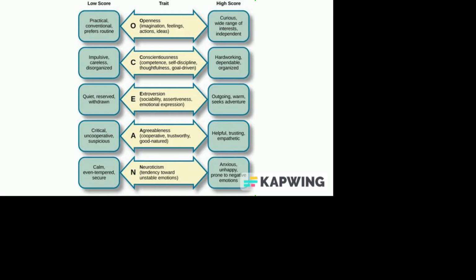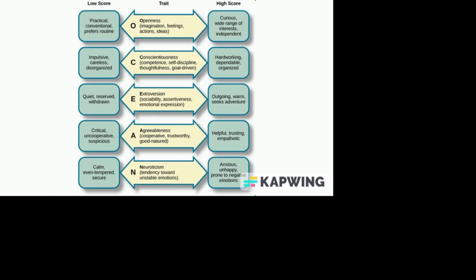Then is extroversion. That's associated with sociability, assertiveness, emotional expression, and on the low end, you might be very quiet or withdrawn, reserved, and on the high end, you might be outgoing, warm, and someone who seeks adventure. Then there's agreeableness, and that's associated with being cooperative, trustworthy, good-natured. On the low end, you're very critical, uncooperative, suspicious.